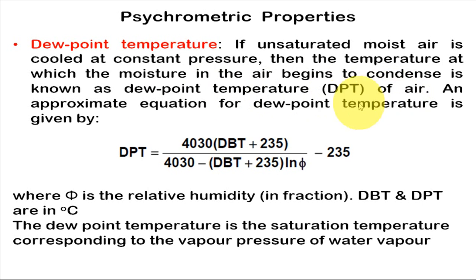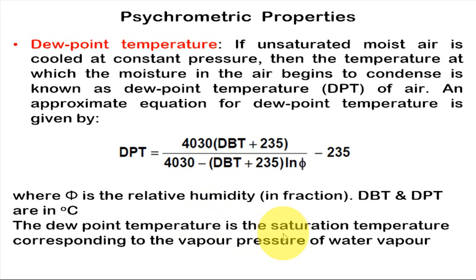The approximate equation to calculate dew point temperature is: DPT equals 4030 into (dry bulb temperature plus 235) upon (4030 minus (dry bulb temperature plus 235) into log of phi), minus 235. Here phi is the relative humidity and DBT is the dry bulb temperature.